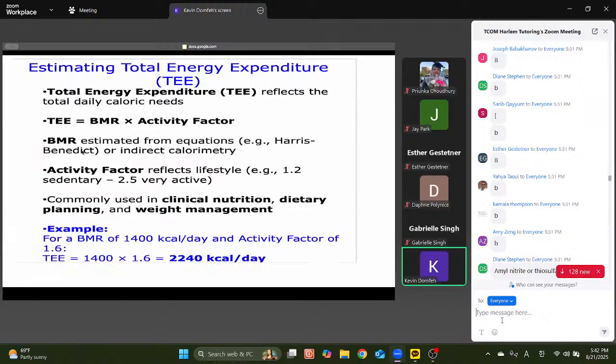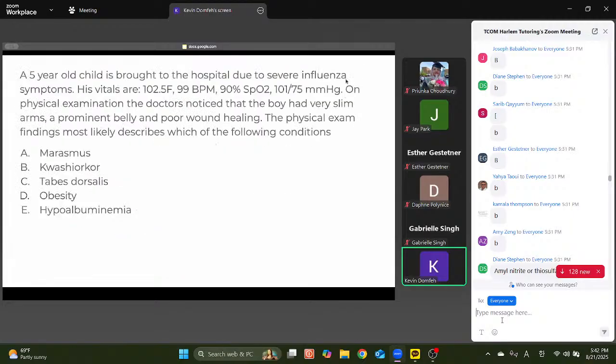And this is just a slide explaining that. Let's move on. A 5-year-old child is brought to the hospital due to severe influenza symptoms. His vitals are 102.5 degrees Fahrenheit, 99 beats per minute, 90% SpO2, and blood pressure 101/75.